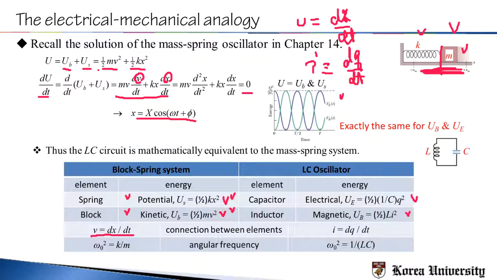Similarly, in the case of LC oscillation, the charge and current are related in such a way that the current is defined as the first time derivative of the charge. And finally, the angular frequency of the oscillation is determined by the constants given here, K and m, and then C and L here.